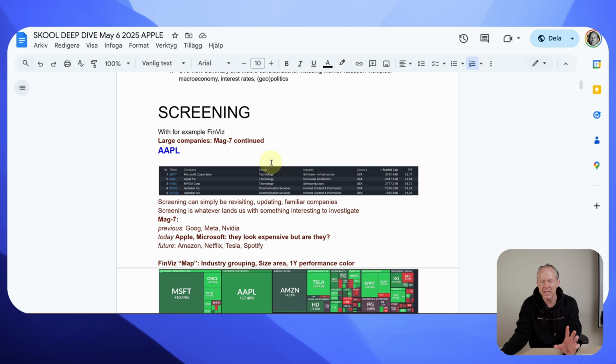So we can't just assume that they are either cheap or expensive just based on a price earnings ratio. However, being this big, standing out in a list of stocks, both in terms of size and in terms of a high valuation multiple currently, that at least warrants a further investigation.